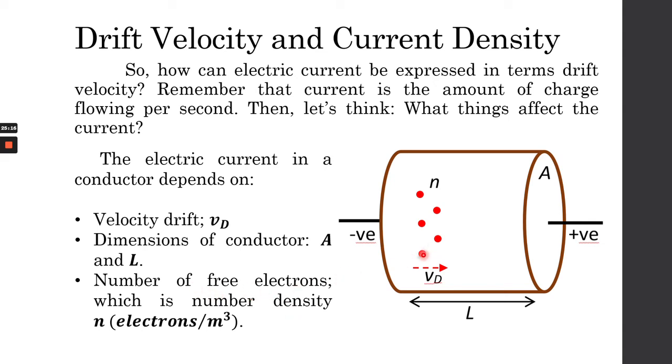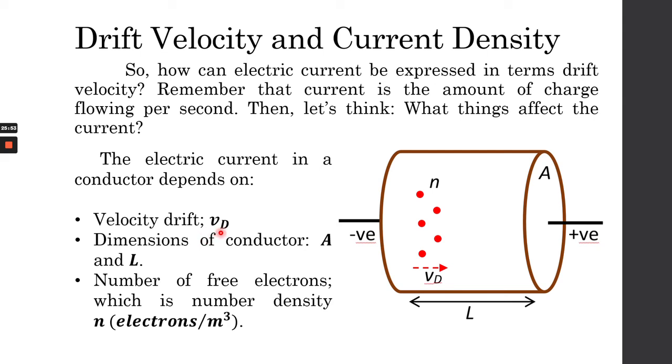We say free electrons because in a conductor there are free electrons that are available to be electrically conducted, so they start moving. We call them free electrons because there are some electrons that are stuck with the positive ions, and those electrons do not move. They are stuck with a positive ion, so they cannot move away from it. But there are some free electrons, and those are what move and cause the current in our conductor.